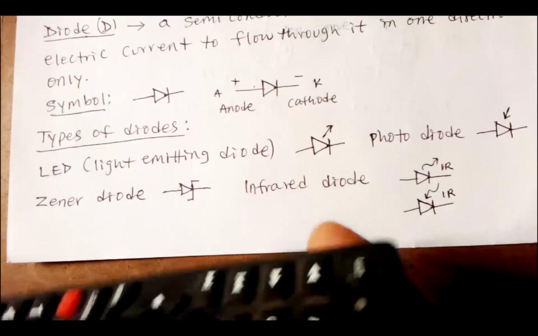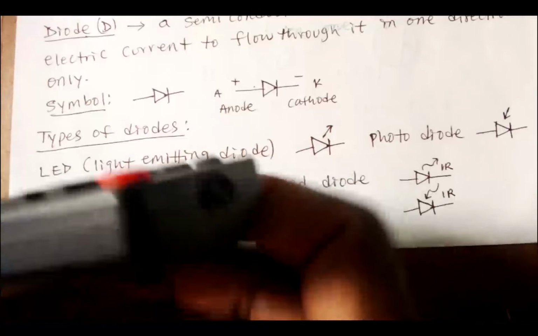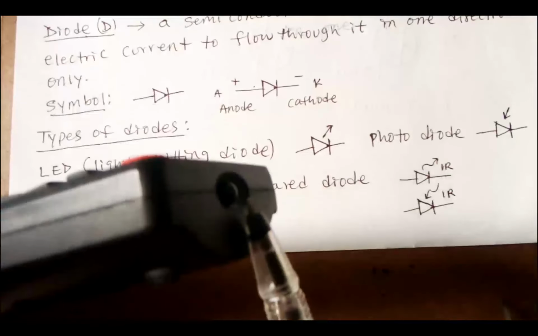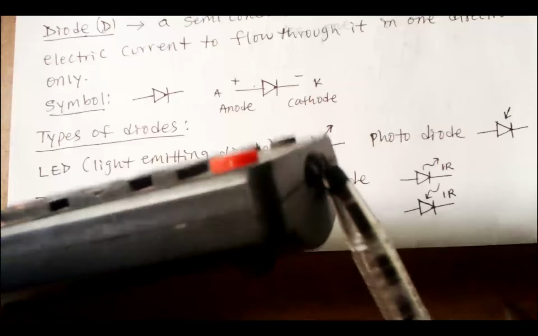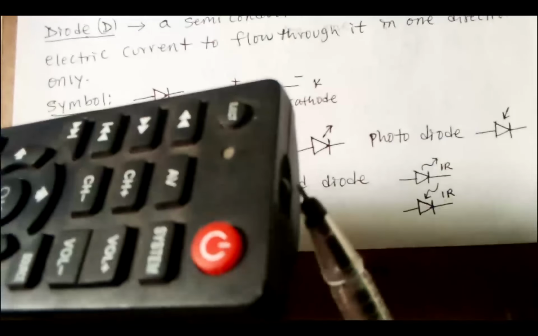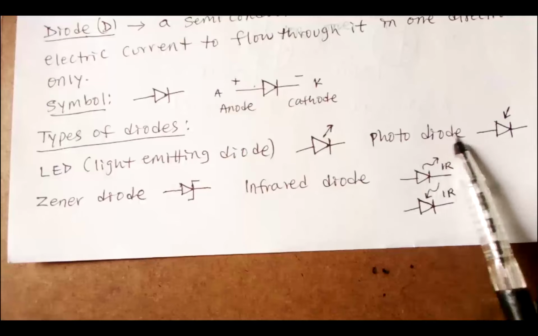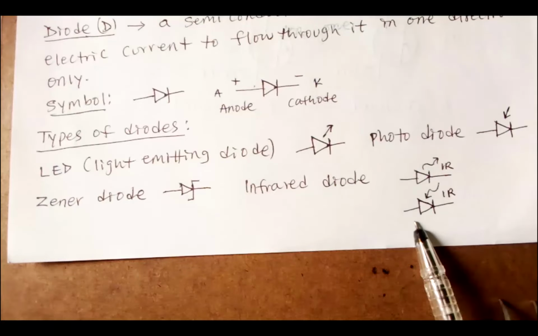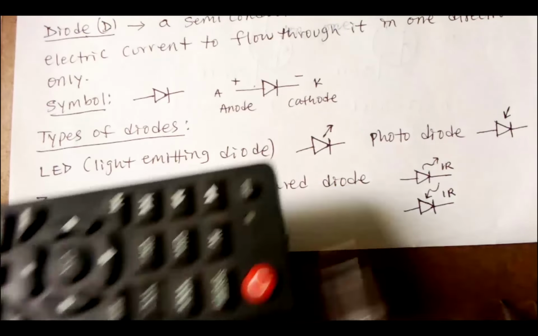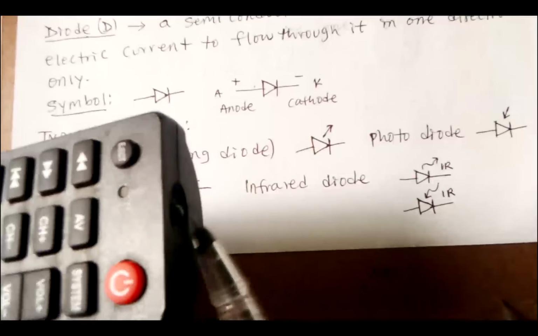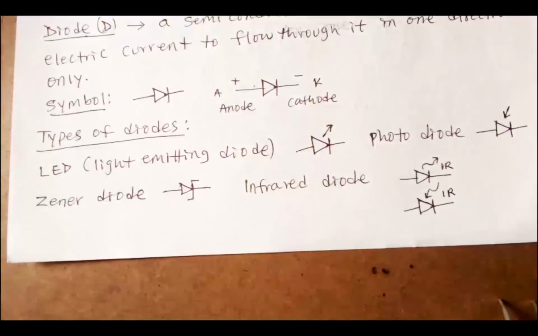Infrared diode is the one you see on our infrared remote controls. Now there are two types. There is one that emits infrared rays, while there is one that receives infrared rays. Like this remote control, it is the type that emits infrared rays.